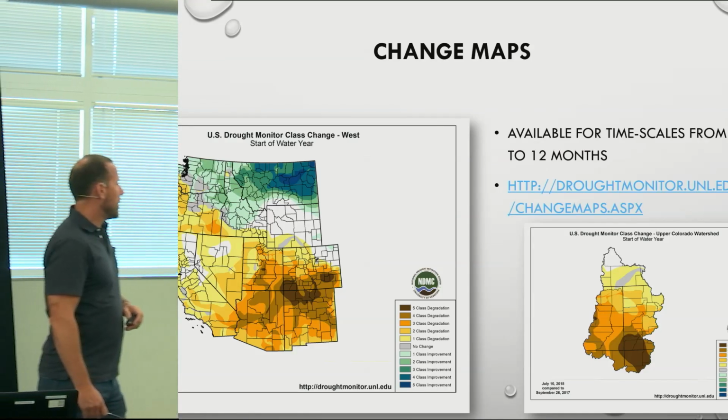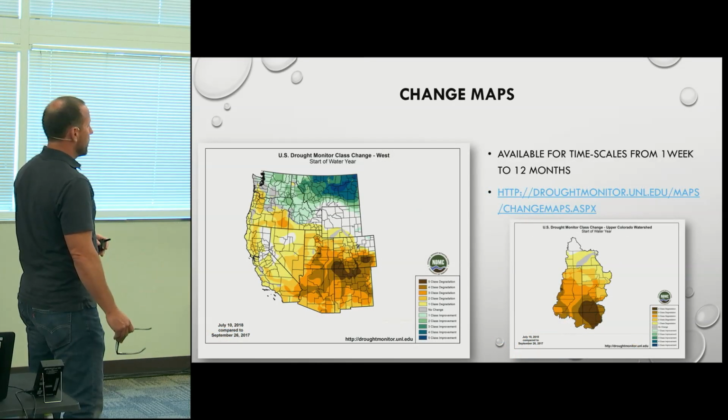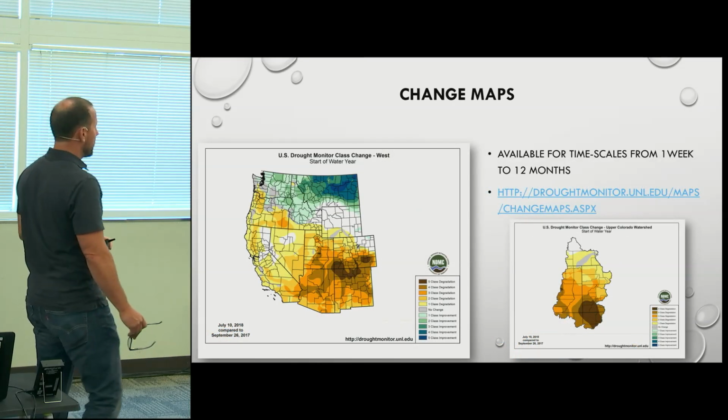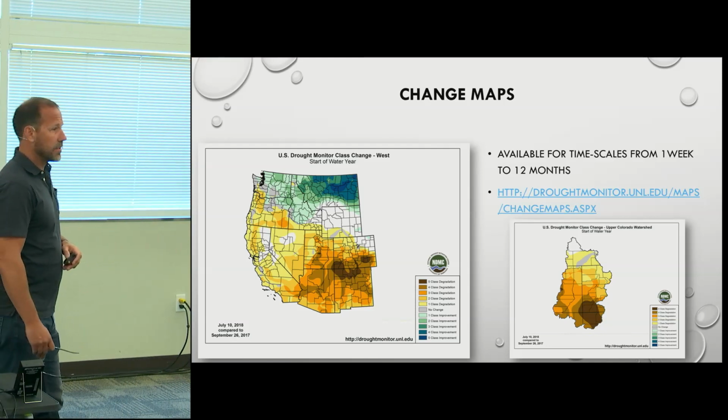And then we have the change maps, which update every single week as a new map comes out. This, for example, on the left-hand side is comparing the last week's map to the start of the water year. So that's how many category changes have occurred since then.